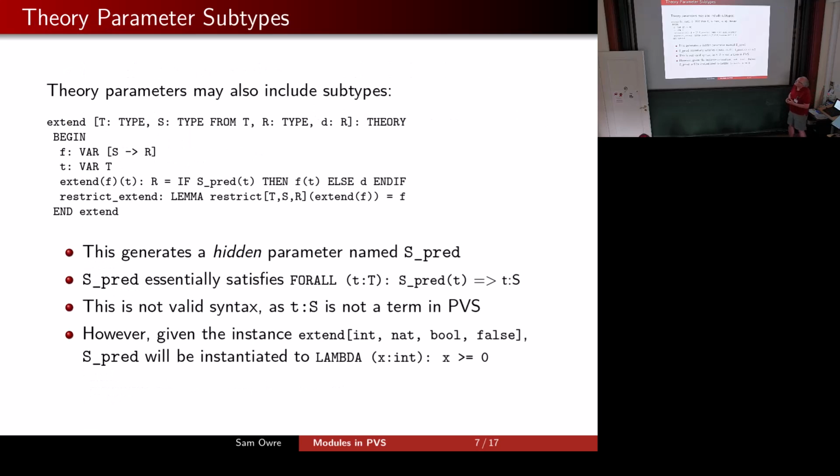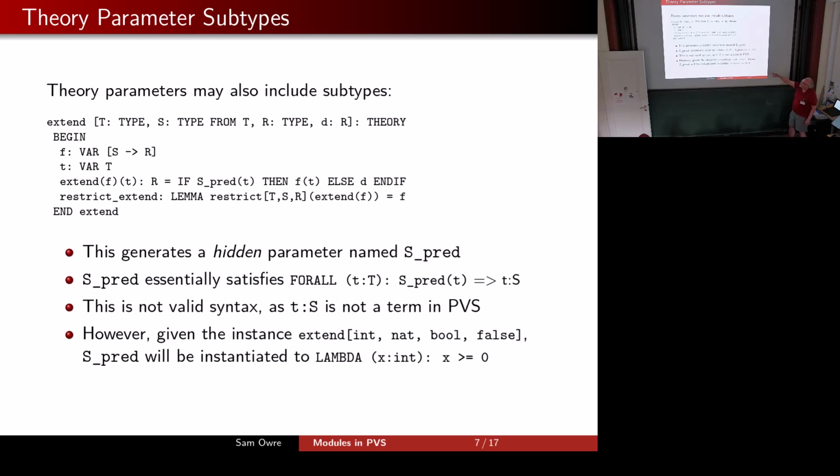Theory parameters can also include subtypes, so that's what the S type from T is. It's saying that S is a subtype of T, but we're not going to say which subtype because we don't actually know. And this is from the prelude, actually. So extend is a theory in the prelude, and then we define two variables, and then we say that a function f is extended with the value.